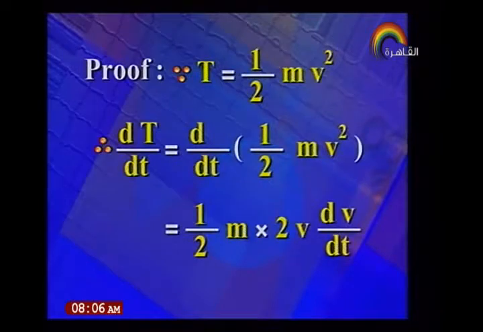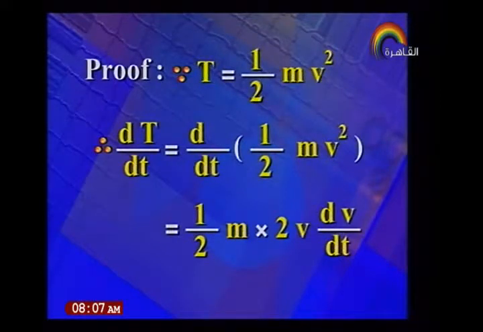What is the constant? Excellent, student. The constant in the right hand side is half m. m is mass, it's constant. Then the right hand side becomes half m times 2v dv over dt. We find the differentiation of velocity with respect to time t.